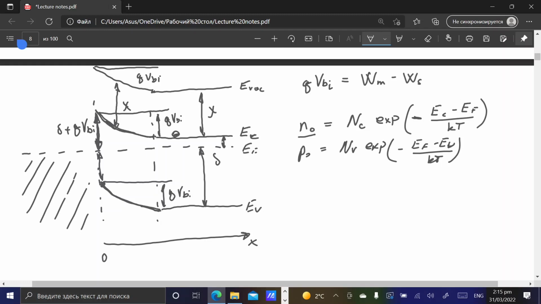And this concentration of minority charge carriers does increase, but for most cases when we don't have extremely strong band bending, that is a negligible factor. But it can be a non-negligible factor if we imagine that we bend more, so we have something like this.